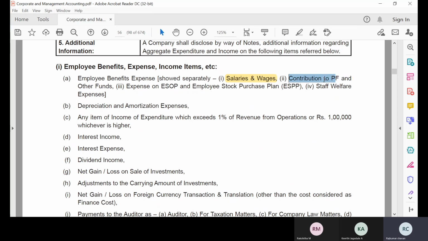If you have paid contribution to PF and other funds, even that also comes under employee benefit expenses. Expenses on ESOP, employee stock option plan, and ESPP, employee stock purchase plan, even that is also considered employee benefit expenses. Then staff welfare expenses for staff, right?